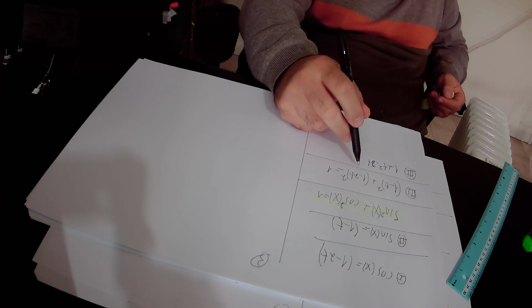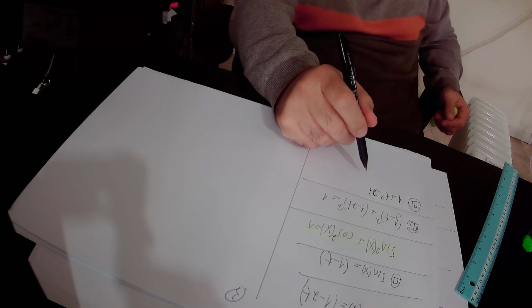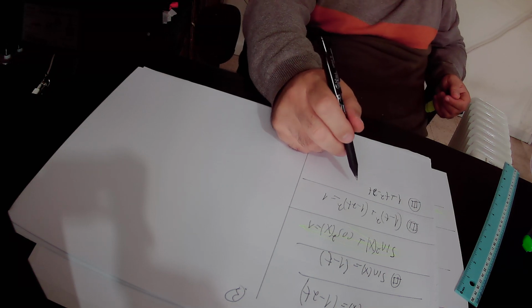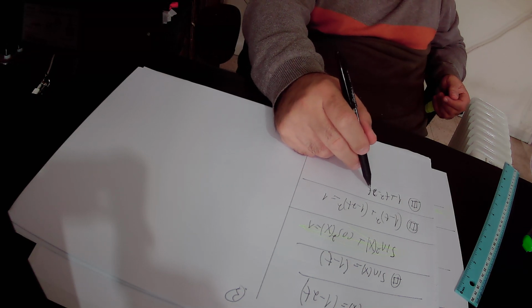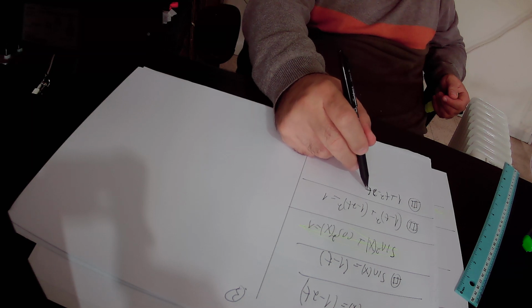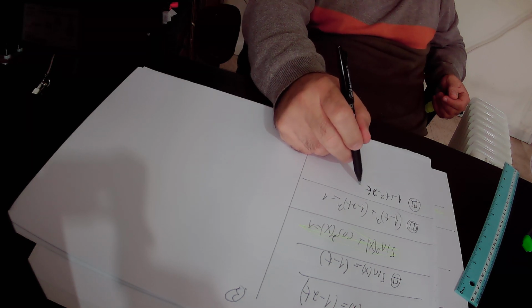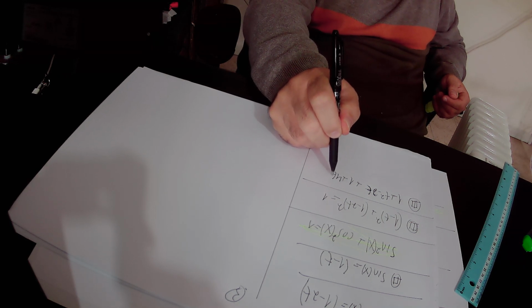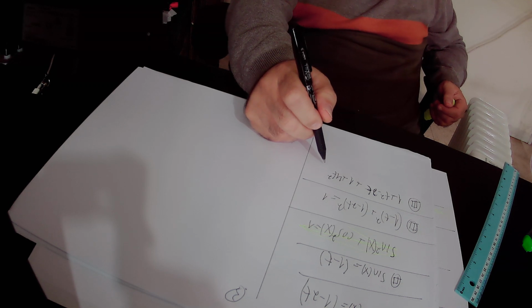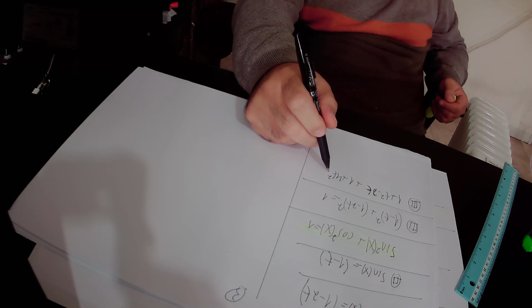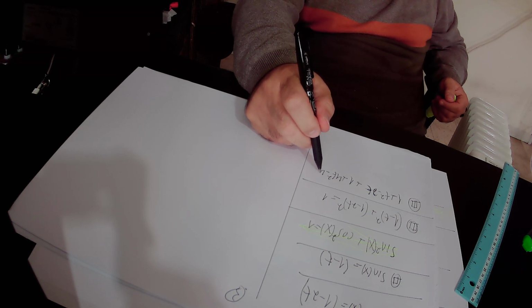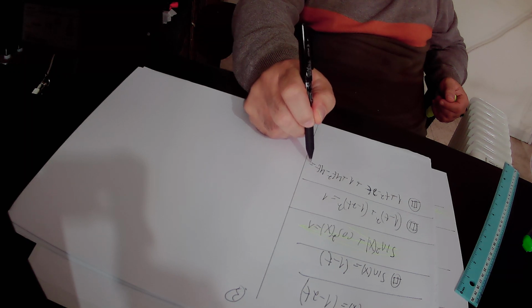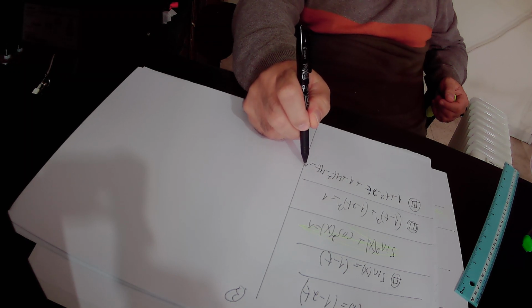We'll open the brackets of this expression also. 1 minus 2t squared equals 1 squared plus 2t squared, that is 4t squared, minus 2 times 2t, it is minus 4t, equals 1.